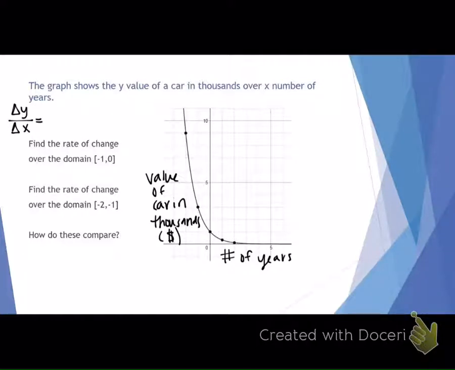So what is my unit for this one? What is my unit for this one when I'm talking about the rate of change? The change in Y over the change in X, Lexi. Car value per year. So it's a money amount, right? Per year, or the car value per year. So it's a dollar amount per year, or car value per year.